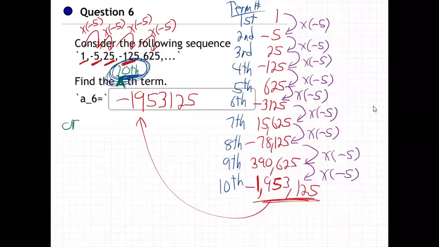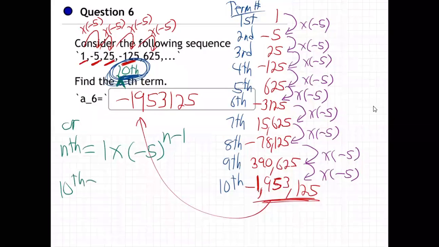The other way, with the formula, you might be able to tell the formula is going to be 1 times -5 to the n minus 1. I won't bother showing how I come up with that, but you can find it in the pattern. And then you can just plug in a 10.